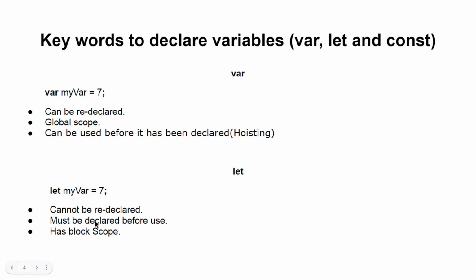Must be declared before use. You are going to have ordered code, and it has block scope. Okay, you're going to be able to access that variable only inside the block it was declared. It can be, for example, a function.